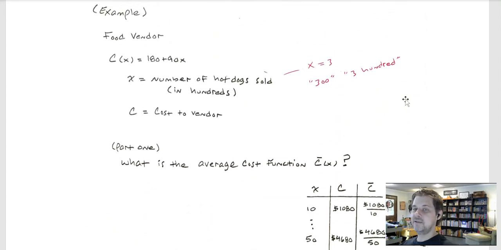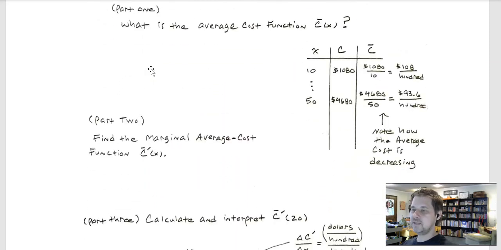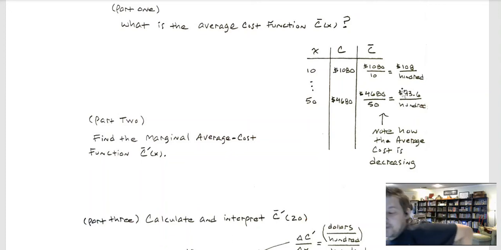The reason is that the more hot dogs you sell, the less of a factor the startup cost, or the fixed cost, is. In this formula, 180 is a fixed cost and 90 is a per unit cost. So the more you sell, the less influence the fixed cost has, and that's why generally the average cost goes down over time. I don't want to leave numbers and calculations out, since we are doing math.